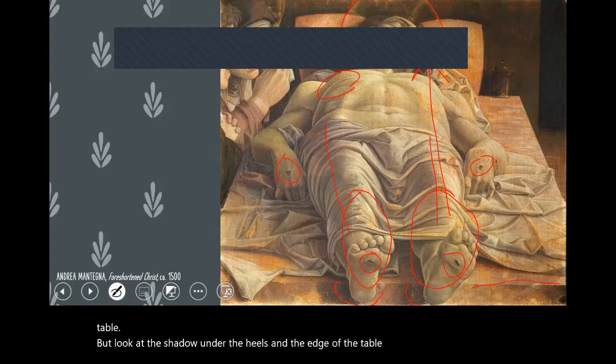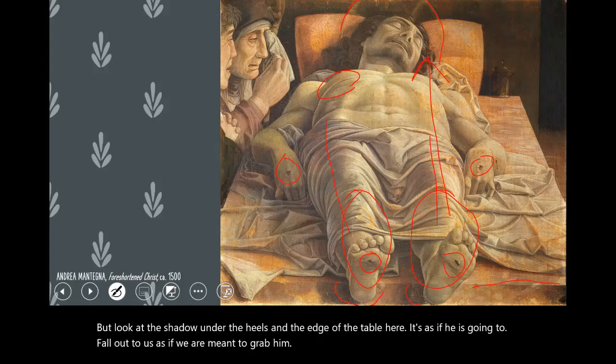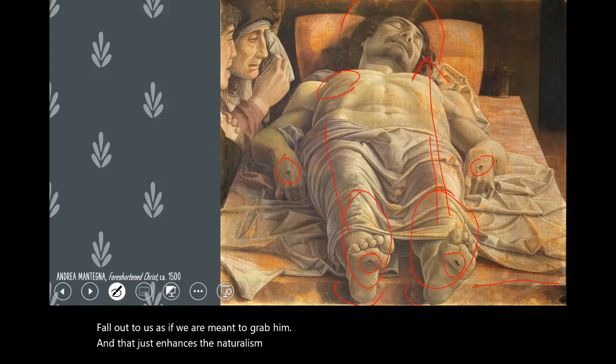It's as if he is going to fall out to us, as if we are meant to grab him. And that just enhances the naturalism, enhances the trompe-l'oeil, enhances the illusion that the viewer is in the presence of the divine.